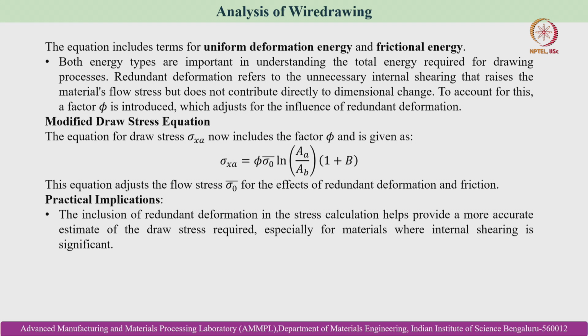deformation. So you can see, we have first introduced how to calculate the die pressure and also the draw stress without considering friction. Then we have introduced the concept of friction at the die wall with the workpiece, and then the term b equal to mu cot alpha got introduced into the die pressure and the draw stress expression, and then next we introduced the case of redundant deformation, which is expressed here with the factor phi.